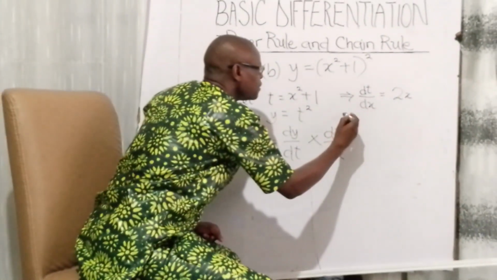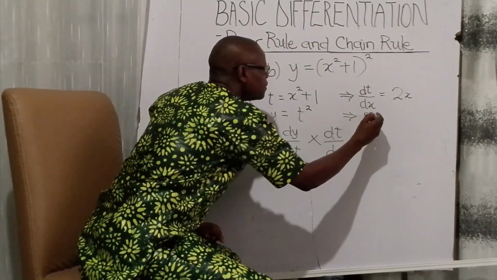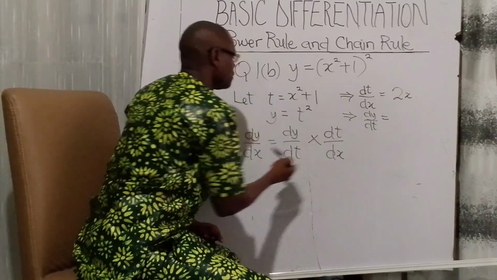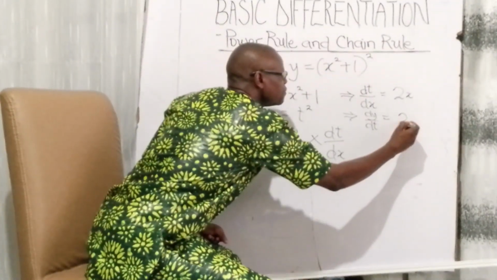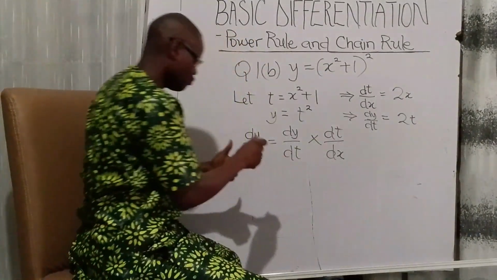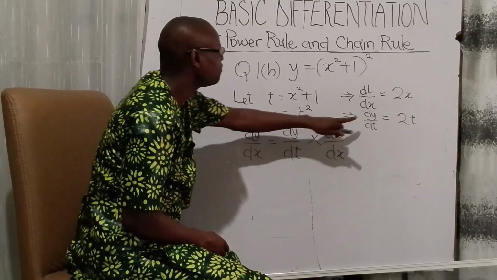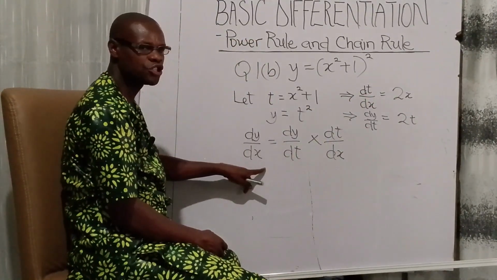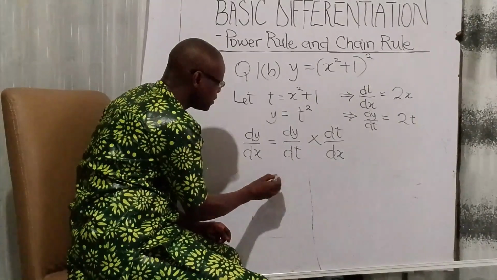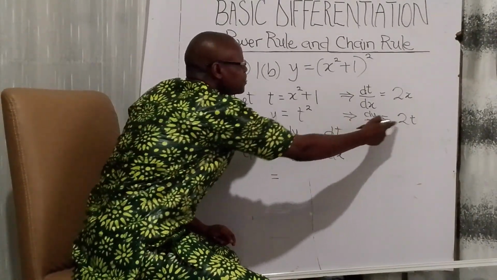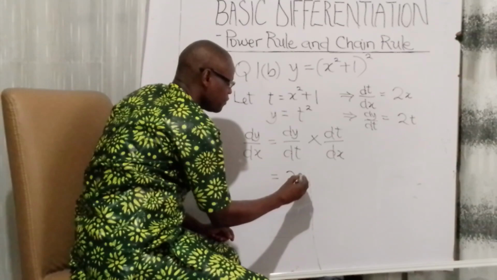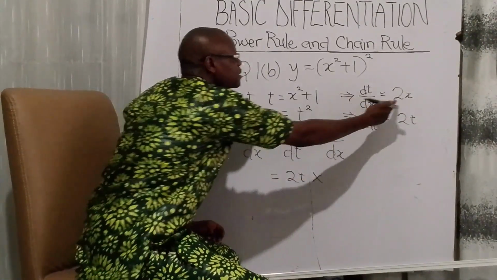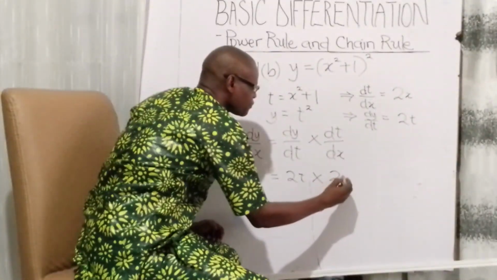Then dy/dt here will give us 2t. So we can easily substitute this into our equation here. So what we have eventually is our dy/dt, which happens to be 2t, will give us this. Then we use that to multiply dt/dx, which is 2x here.